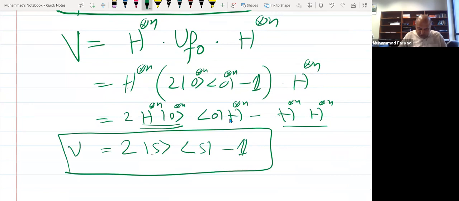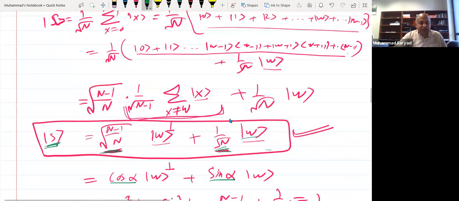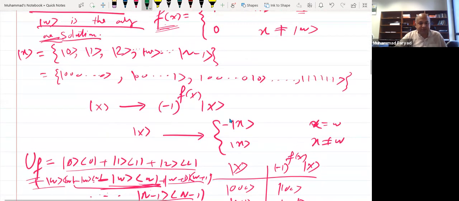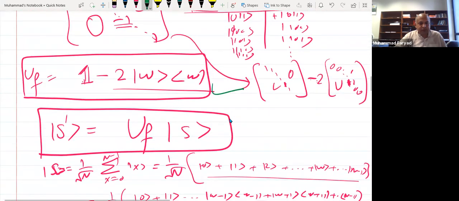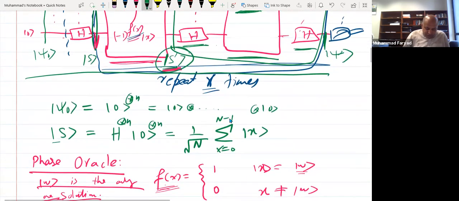And just to show you that this is S, let me go back to the definition of S, where the S state came from. Yes, so this S was a state that we got from 0 after operating Hadamard.